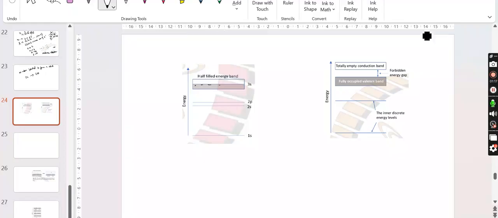The average thermal energy under ambient conditions being only 0.025 electron volt, the valence electrons are unable to breach that gap and go to the conduction band. This is for metal, this is insulator. This barrier cannot be crossed even by applying an electric field.